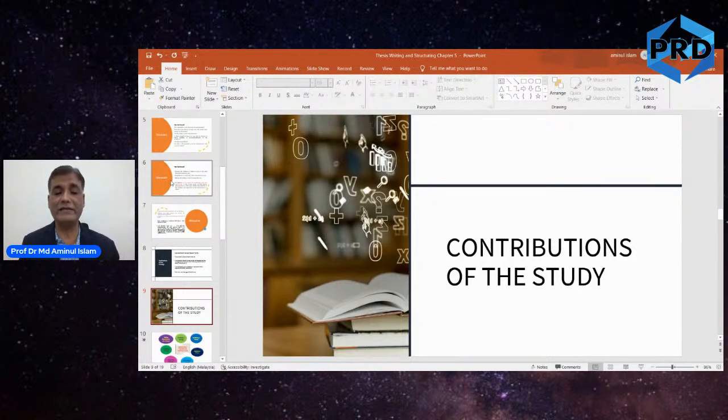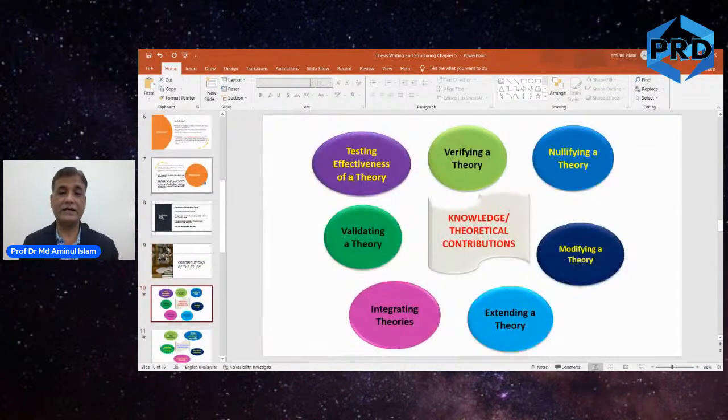So how do you write this chapter? Of course, you have to divide it into three: new knowledge contribution, methodological contributions, and industrial or practical contribution. Those are the three subsections under contribution of this study. This is the slide that I have talked about in many of my webinars.